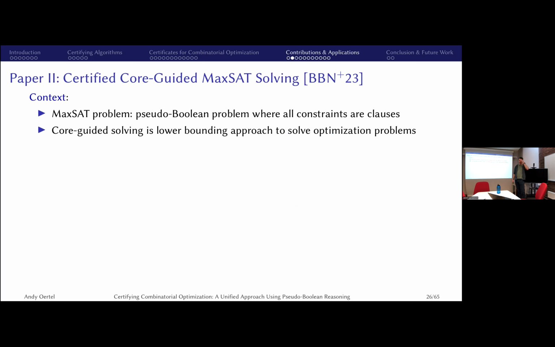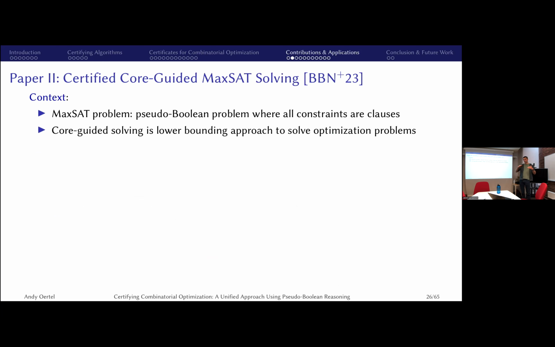Then the second paper is about MaxSAT solving. In MaxSAT, we have a pseudo-Boolean optimization problem. So we have an objective now, but our constraints are still all clauses. So we still have clauses, and these at-least-one constraints. And then this core-guided solving is a very successful lower bounding approach.